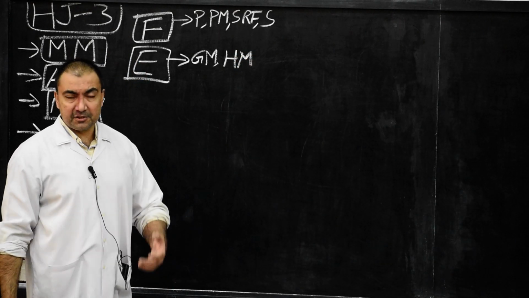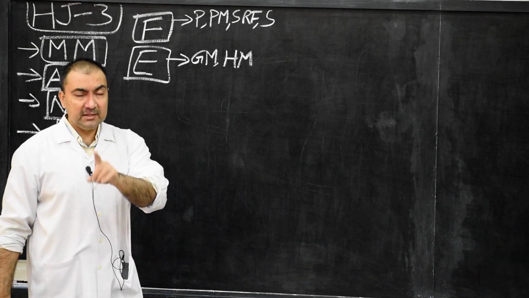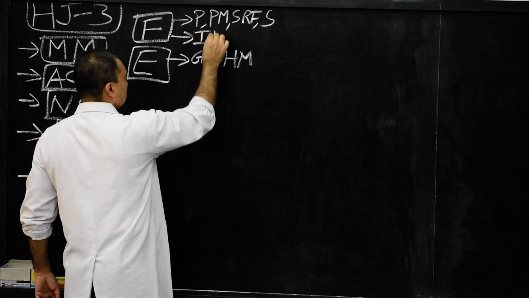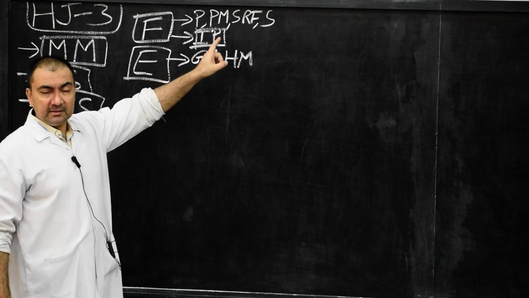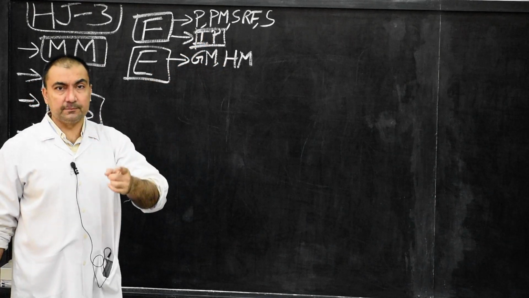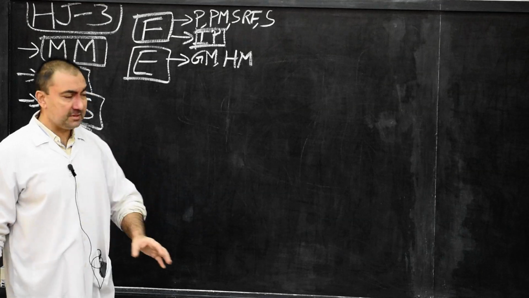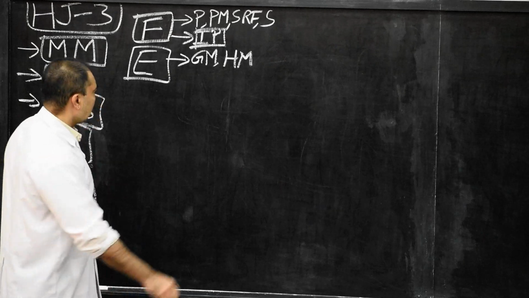The major muscle which causes flexion is known by this name. What is the name? Iliopsoas muscle. So this iliopsoas muscle is the major muscle which causes flexion of the hip joint, a combination of iliacus and psoas major. Extension is by gluteus maximus and hamstring group of muscles.